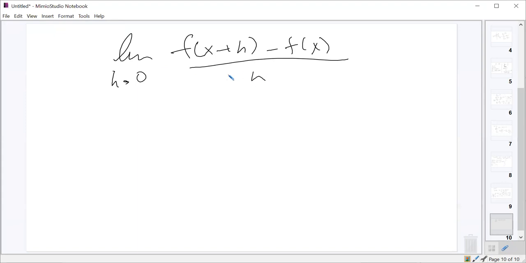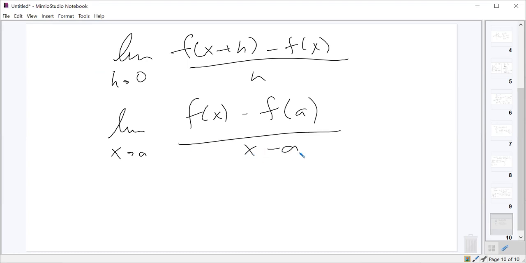And sometimes, and we didn't really talk about this one much, the other formal definition of a derivative is the limit as x approaches a of f of x minus f of a over x minus a.